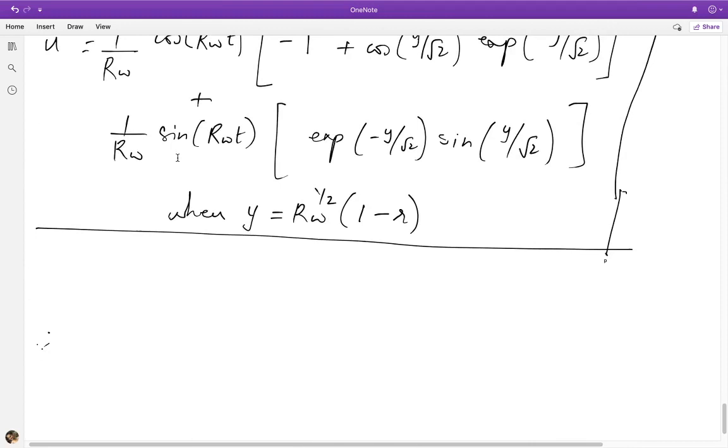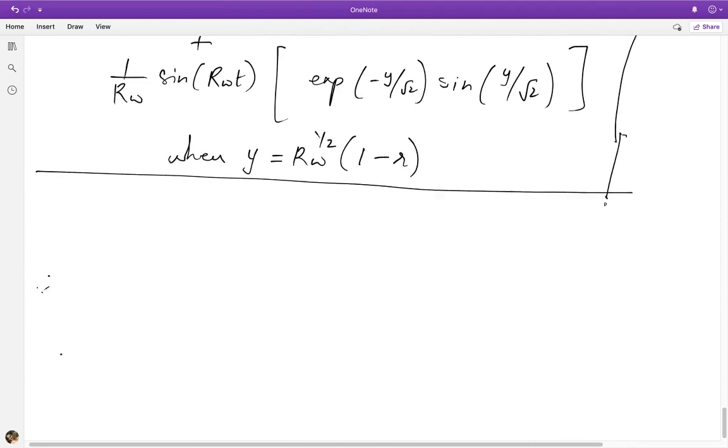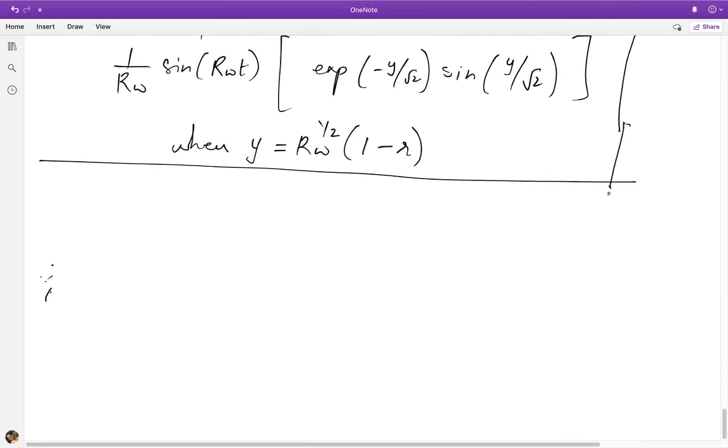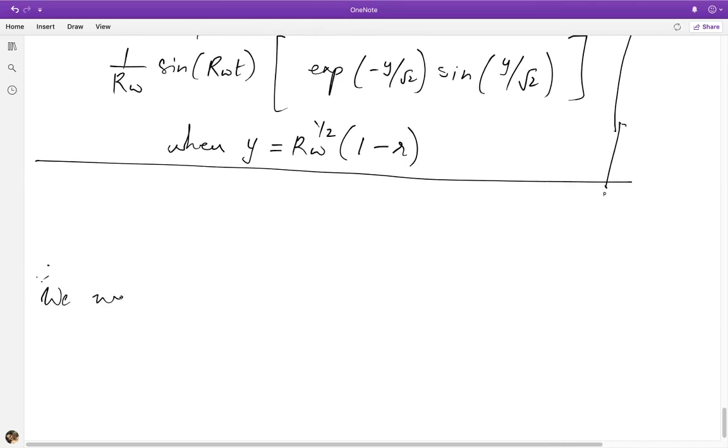So to see this in action, let's say we wish to calculate the shear stress at the wall.